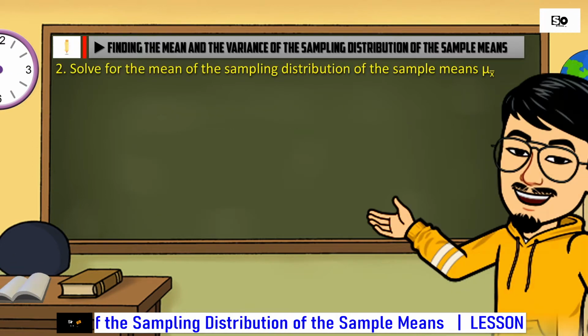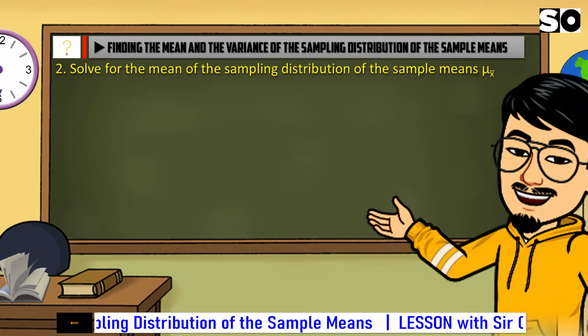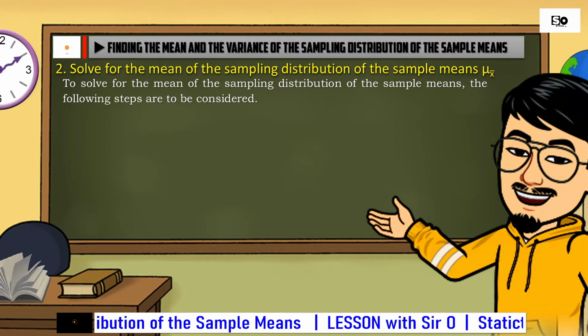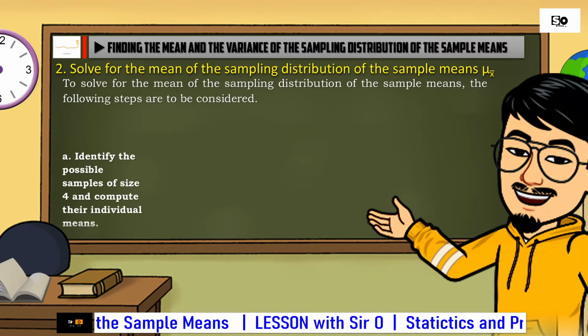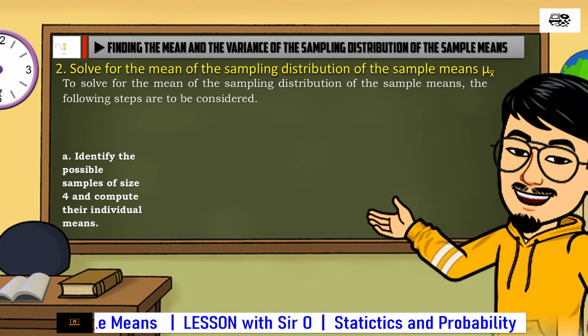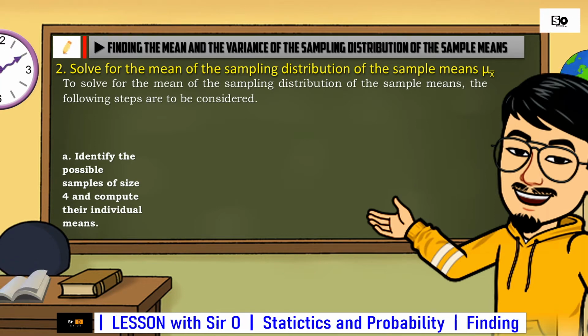Number 2. Solve for the mean of the sampling distribution of the sample means. To solve for the mean of the sampling distribution of the sample means, the following steps are to be considered. Letter A. Identify the possible samples of size 4 and compute their individual means.